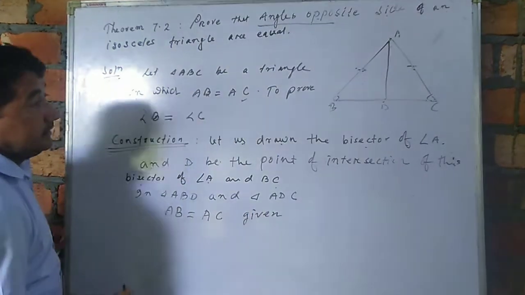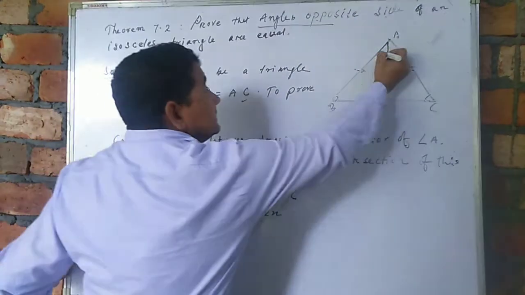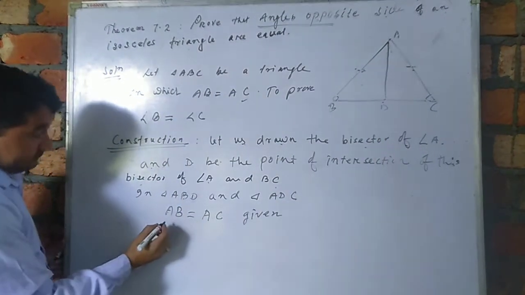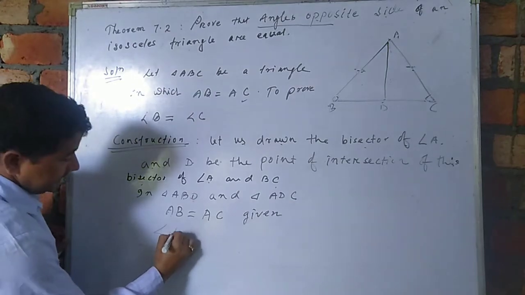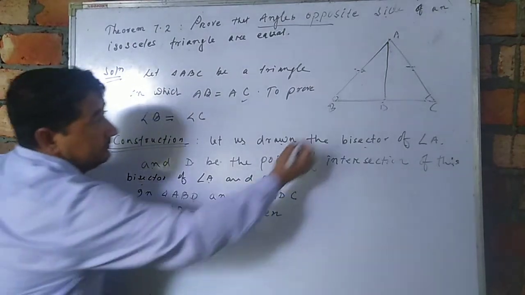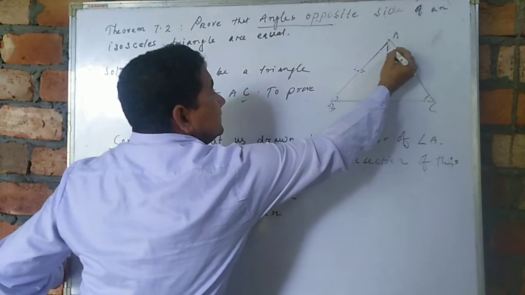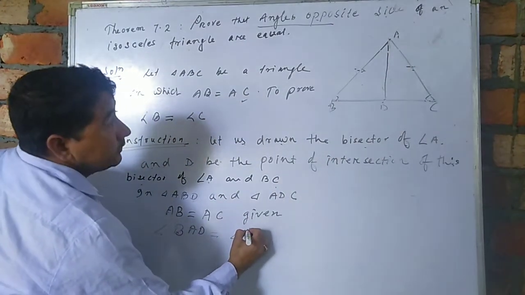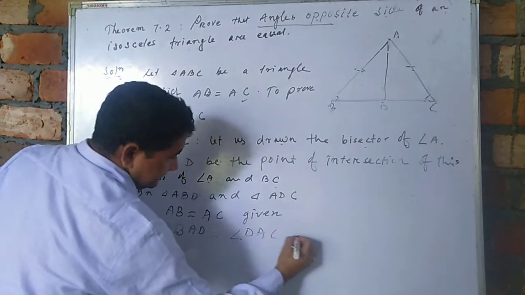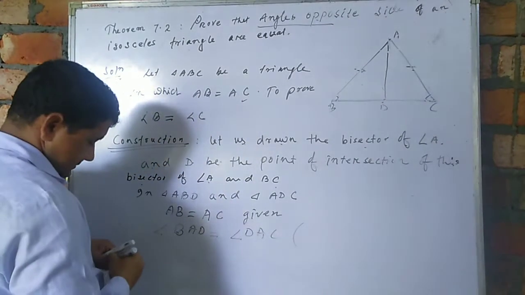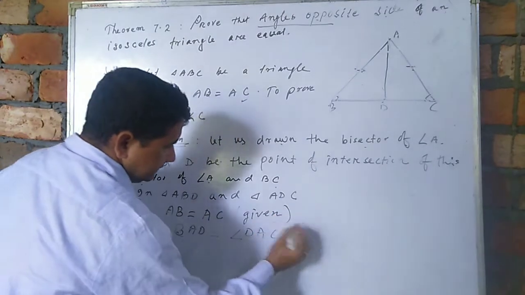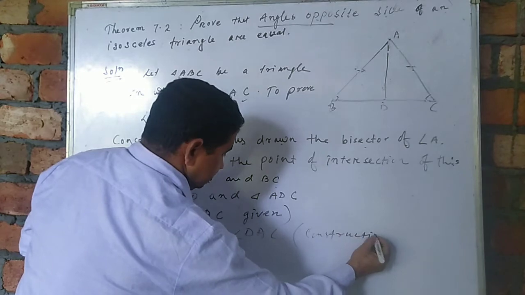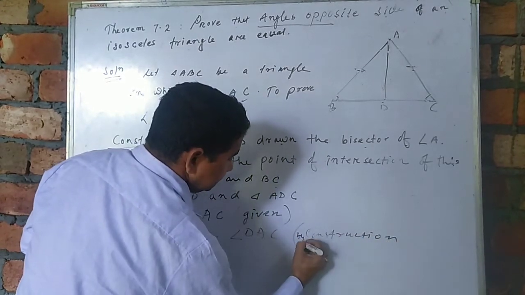Again, AD is the bisector from construction. So you can write angle BAD equals angle DAC, by construction.